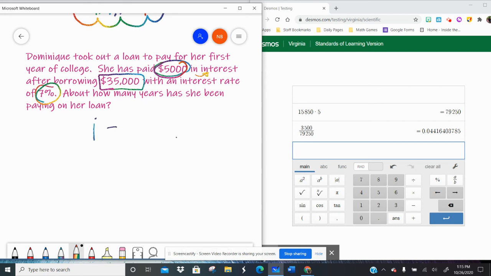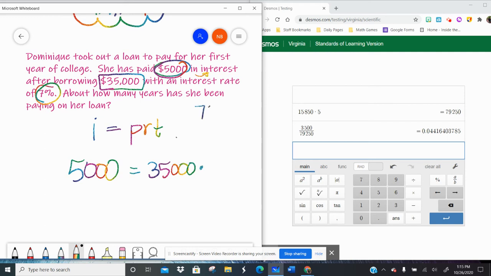So I like to start by just writing the formula. Interest equals PRT, or as we did in that other video, I like to party. Interest equals principal times rate times time. So we know she paid 5,000 already. So we're going to do 5,000 is the interest. She borrowed 35,000 times that 7%.